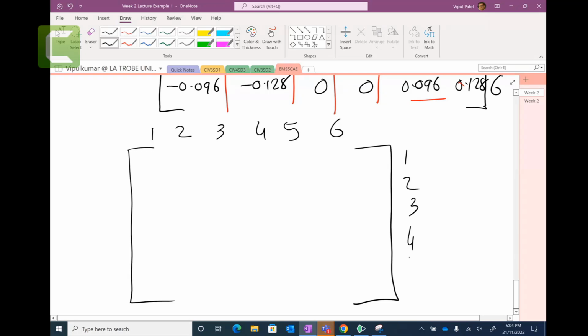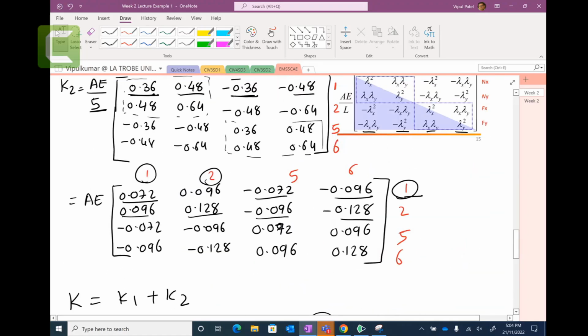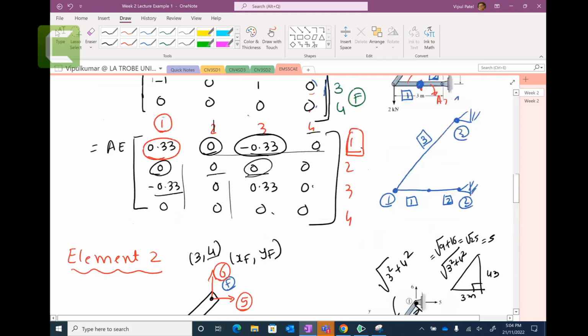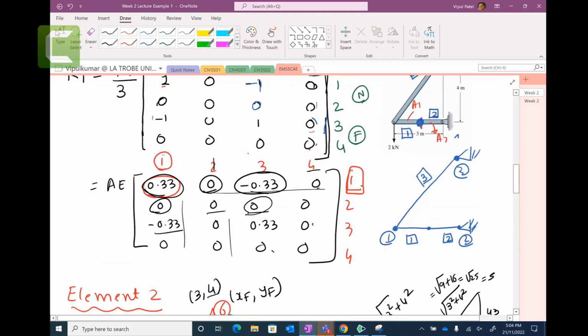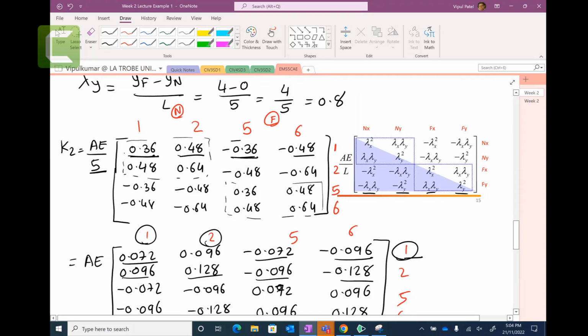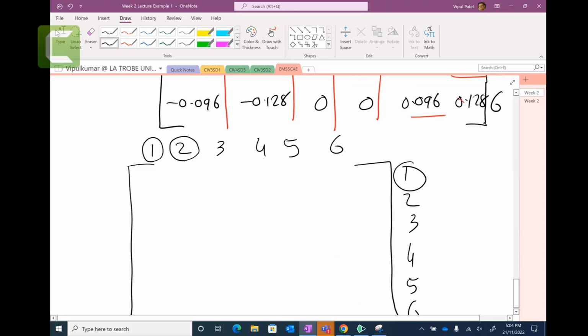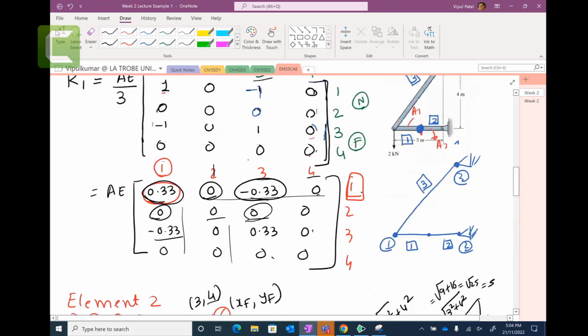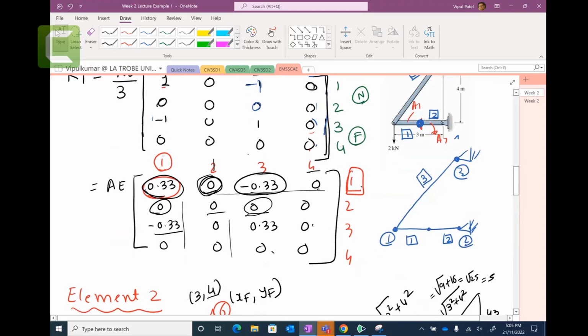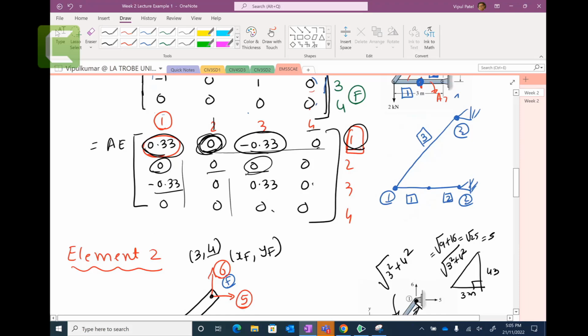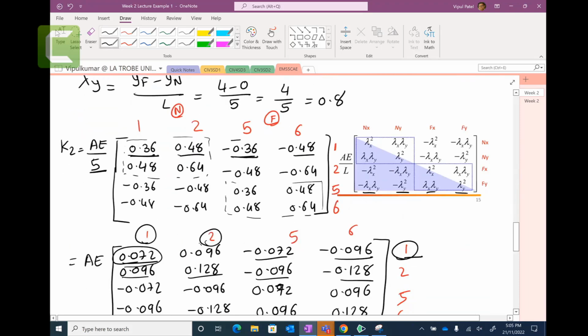Then I go column 1, row 1, and then I go to K1 and find out what is row 1 and column 1 number. Similarly, I go here and find out what is row 1 and column 1 number, and I add them together. Then I go here, column 2, row 1, and then come back here, column 2, row 1, and I find these details and add them together.